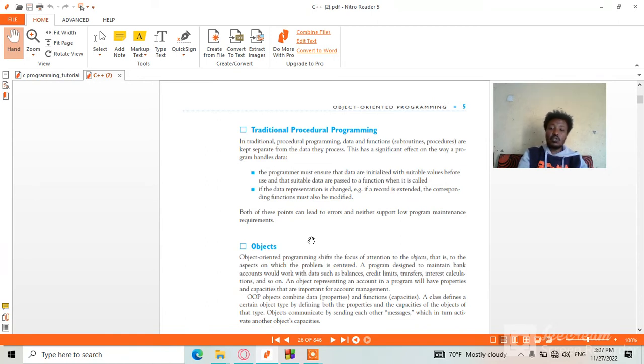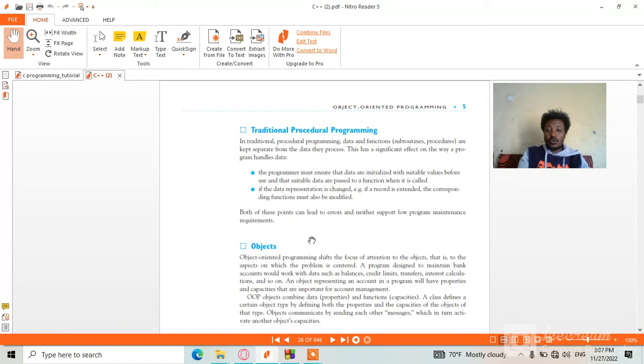Problem is centered means you may have a program designed to maintain bank accounts. Let's say this is an example: you have designed a program to maintain bank accounts, working with data such as balance, credit limits, transfers, interest calculations, and so on. This is bank information data.